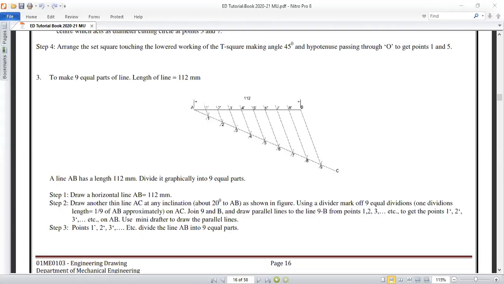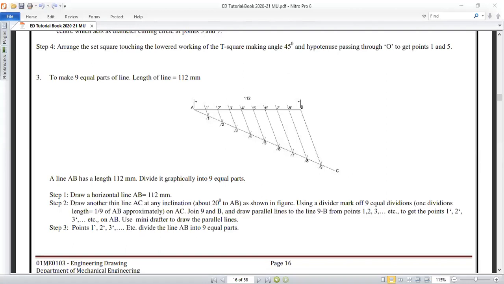Right now it is fixed. Mark one point, first point. This is the exit point you are getting over here. Second point. Again keep this in such a way that it will become 0, like this.